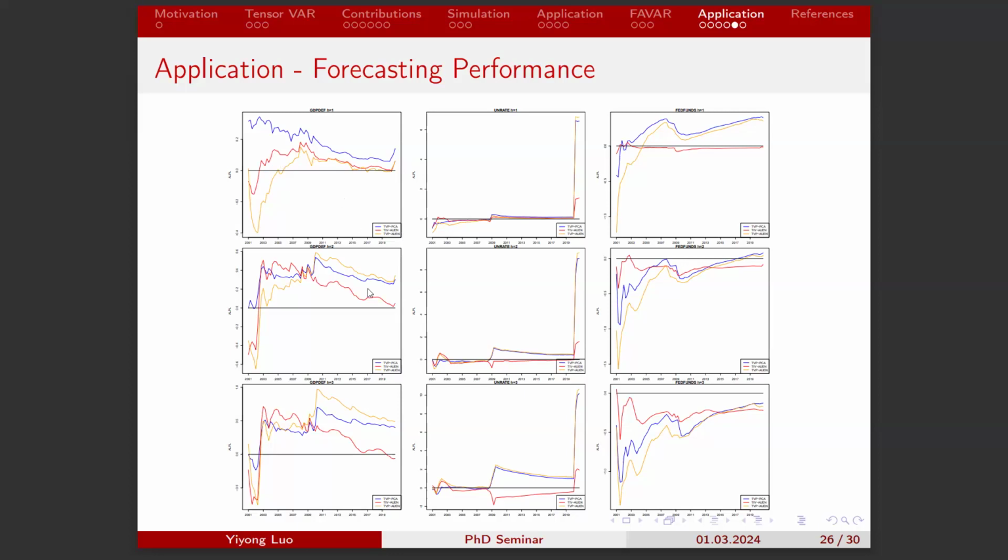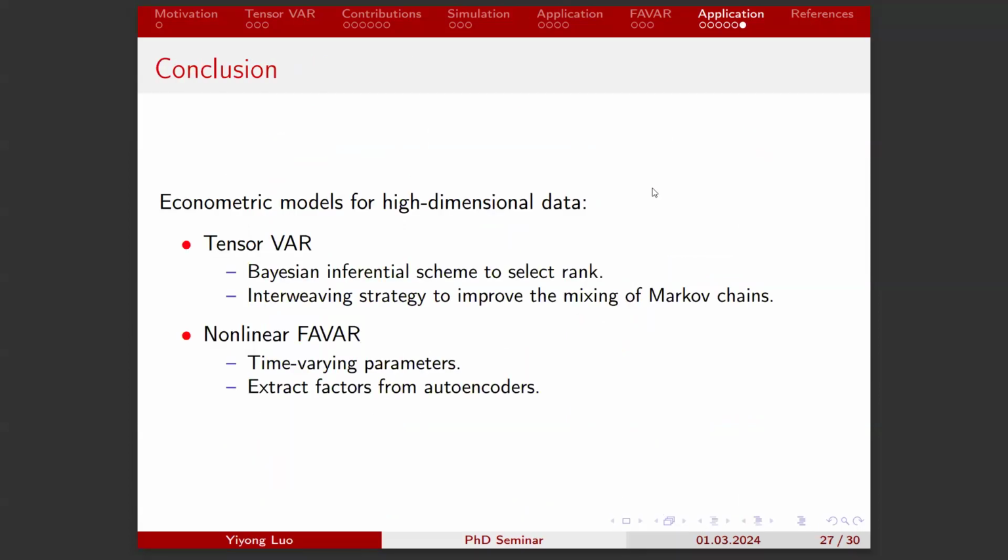We can see that as the horizon gets higher, the one using the autoencoder, with both nonlinearities corresponding to this orange one, is getting a higher value in the density forecast. Similar thing in the unemployment rate, especially during the pandemic. We don't have similar performance in federal funds rates, and this is something that we would like to improve. I will wrap up my talk here.